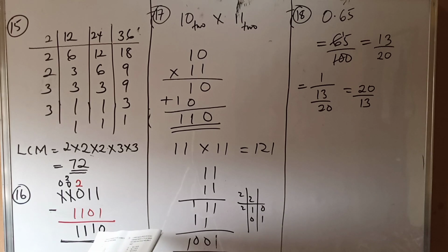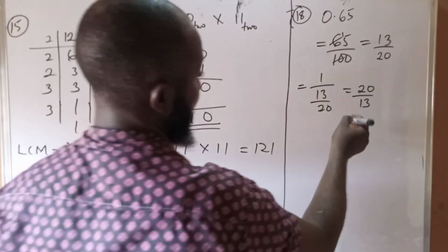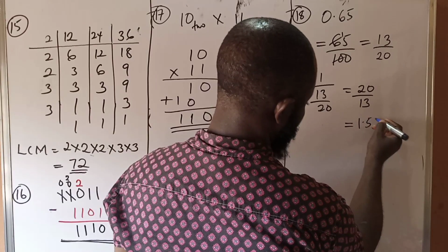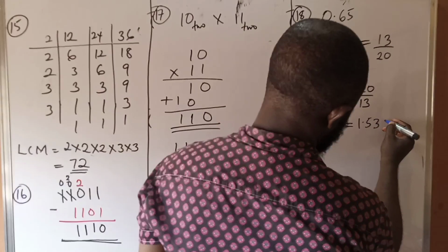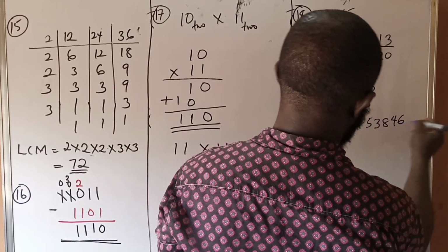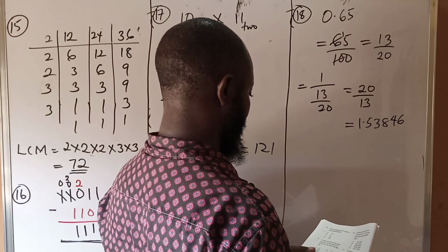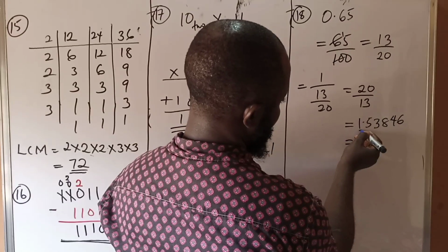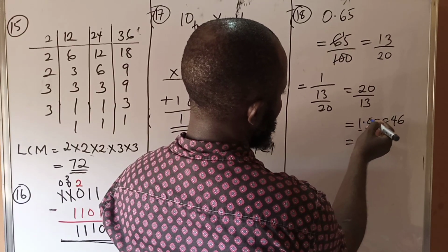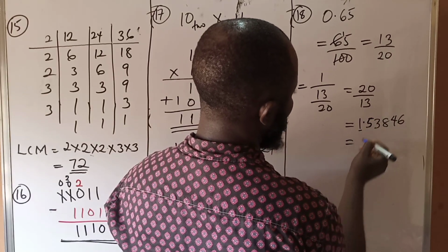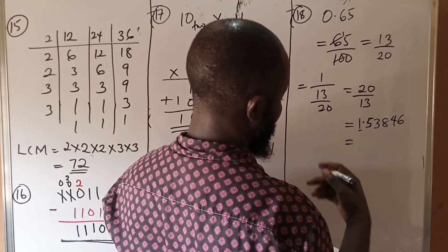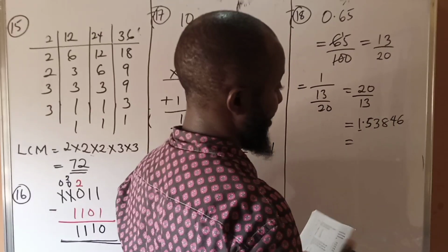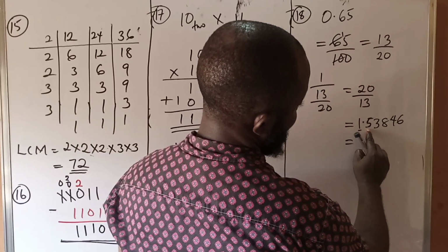The question says correct to 3 significant figures. So as we have it now, we need to change this to a decimal: 1.53846, and so on. But the question asks us to stop at 3 significant figures. Don't misinterpret this to be decimal places, because some students will think 3 significant figures start from the decimal places.